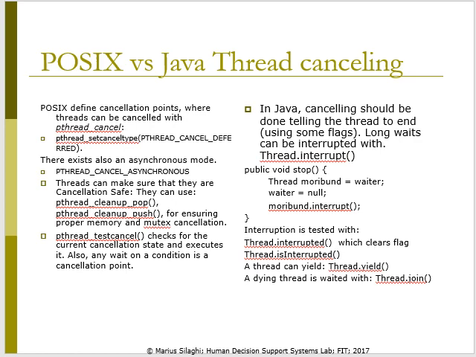There's an important difference between cancellation of threads with POSIX and with Java. The simplest cancellation mode in POSIX is pthread cancellation deferred. This is the recommended version where threads can be requested to terminate, but they will not terminate immediately.